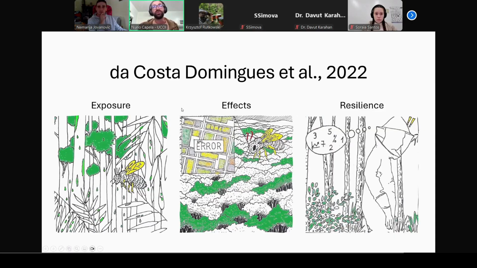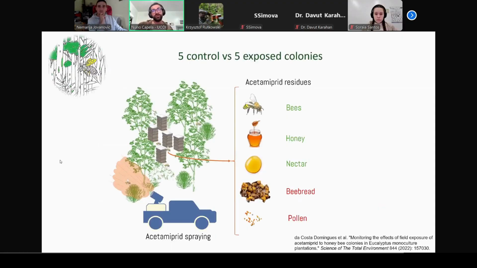Then we decided to do another experiment, and in this case we used control colonies and exposed colonies, because we wanted to really check if there were any effects by comparing non-exposed versus exposed.